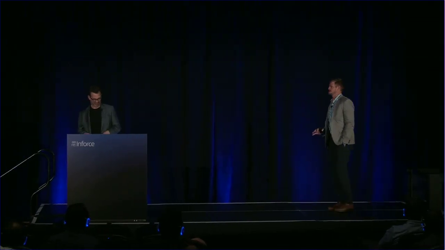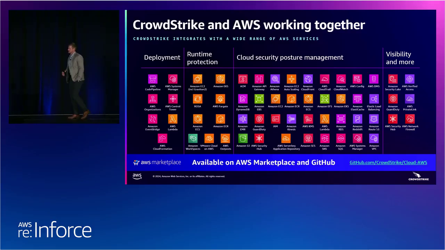Now, as you can see, Rob went through quite a few things and showed us the capabilities of Falcon Cloud Security and how CrowdStrike can protect your container environment. And his great team is building all of these integrations that we have, and has done a great job supporting AWS.